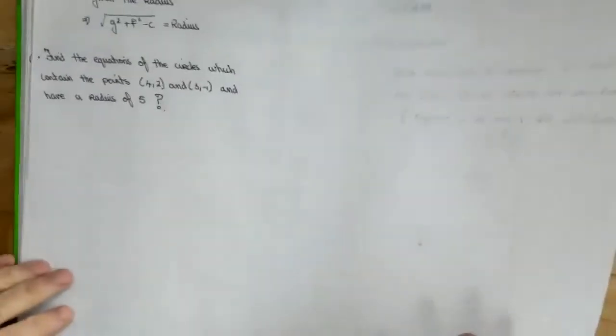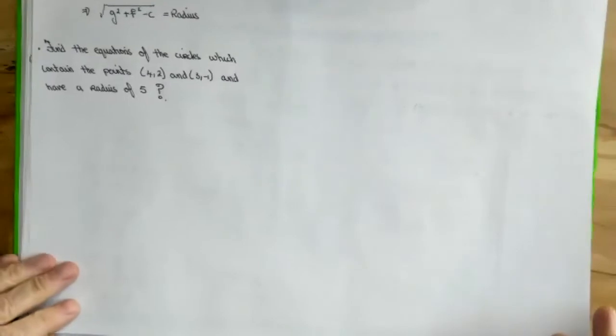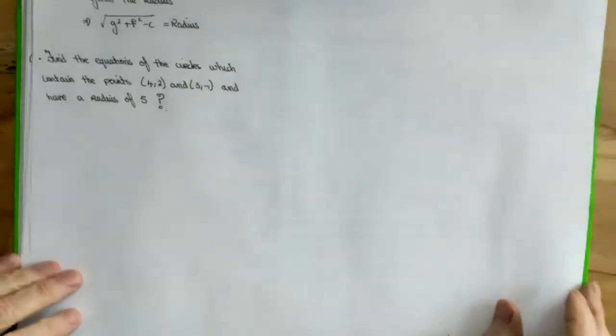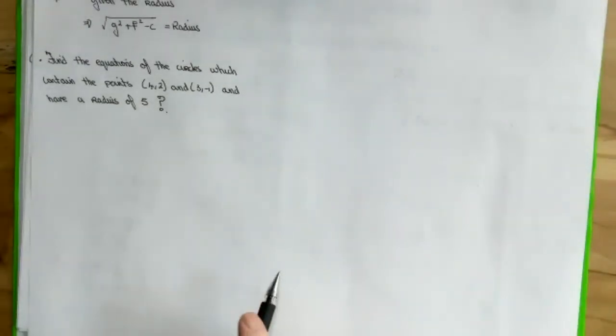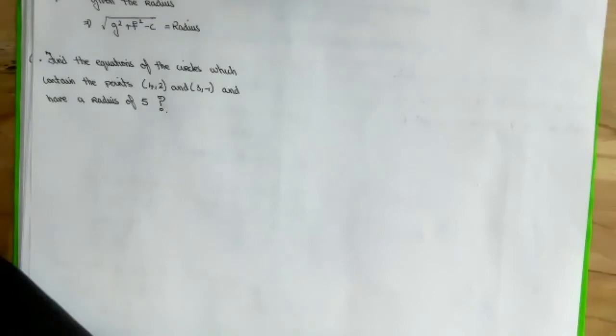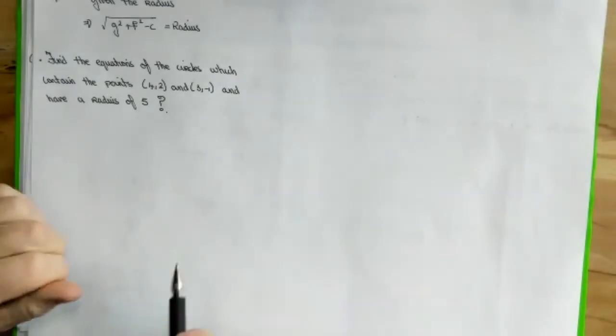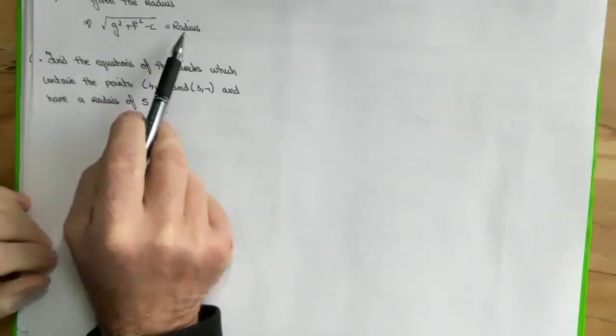What have I next? All right, and this one might help me demonstrate what I'm doing. The fourth way by which you can be given an equation is you're told the length of the radius.